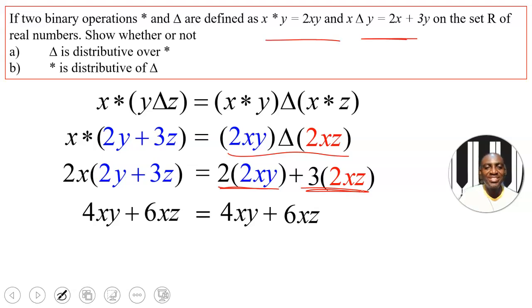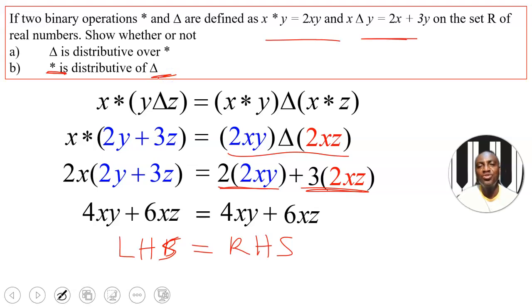So what is the conclusion? The left hand side is equal to the right hand side. So the conclusion is that operation star is distributive over operation triangle in the context of this question. For the A part, we saw that it wasn't true, but in the B part, operation star can distribute over operation triangle.